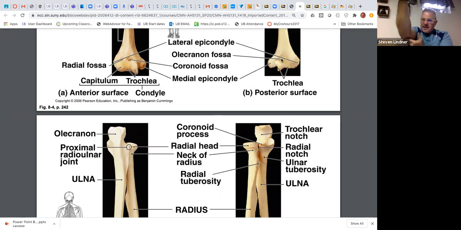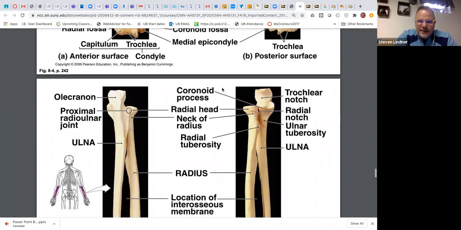But when you extend the elbow, it becomes closed and the olecranon process of the proximal ulna will fit perfectly into the olecranon fossa of the distal end of the humerus. Okay, so you may have to pause and listen to that portion all over again, but that's important from a functional perspective.